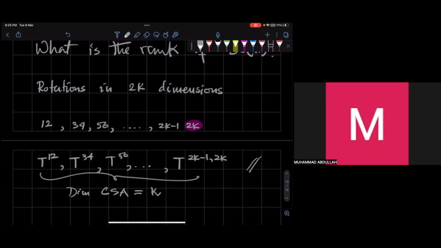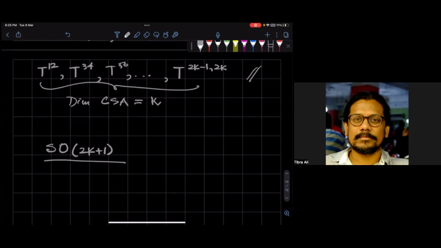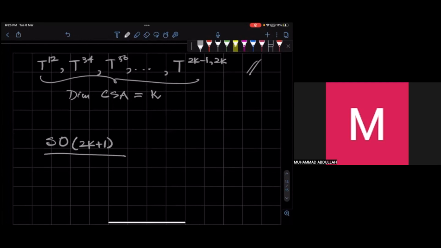So for SO(2k), now if I am considering rotations in 2k plus 1, this extra dimension, can I pair it up with any other direction? Suppose I'm in 3 dimensions.